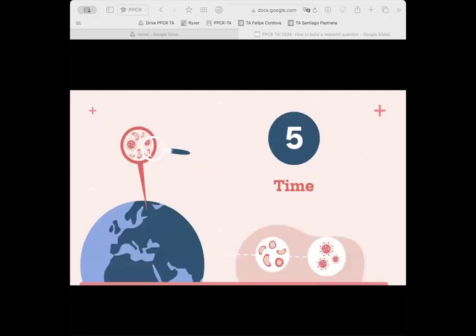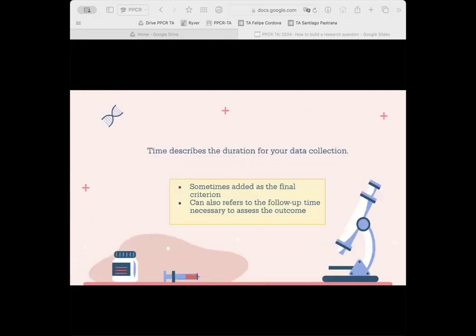And finally is the time. The time can refer to two things: the duration of your data collection, or the follow-up time you need to assess the outcome. For example, I need to assess my patients for a determined intervention for 5 years or for 10 years.